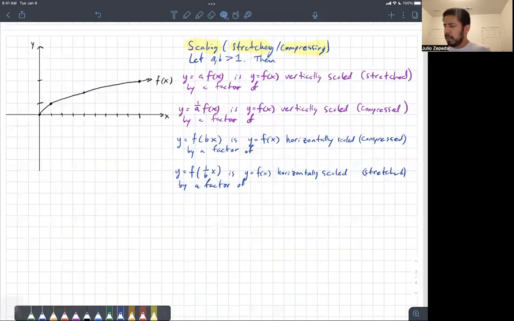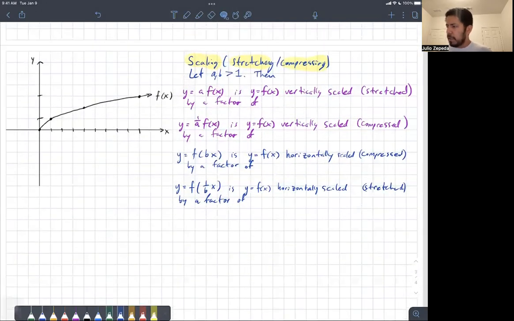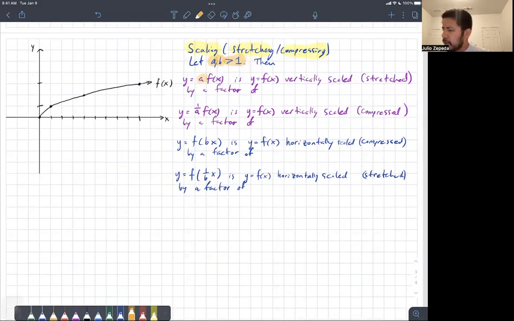So here we're assuming that A and B are numbers larger than 1. And the first one here, we're going to look at what happens when you take a function and multiply it by some number. So a f of x.